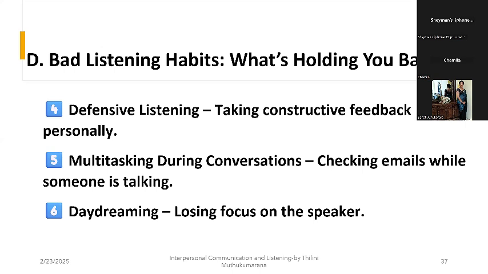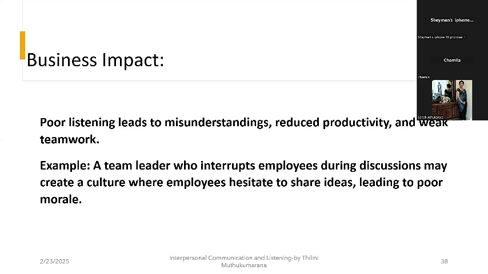So let's move on. How does this poor listening, this bad habit, impact the business world? Ultimately it leads to misunderstanding, and it reduces productivity. As I mentioned earlier, the boss won't get the exact result he wanted out of that project or the document.